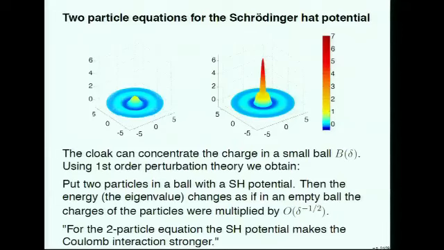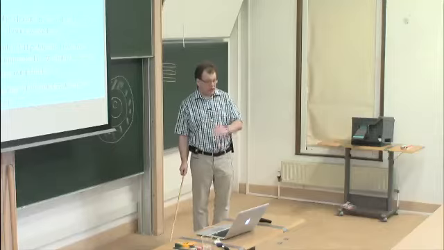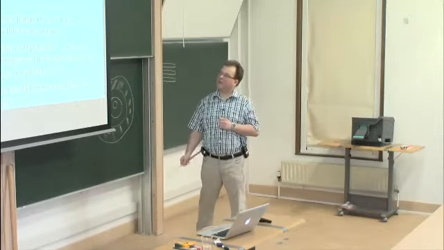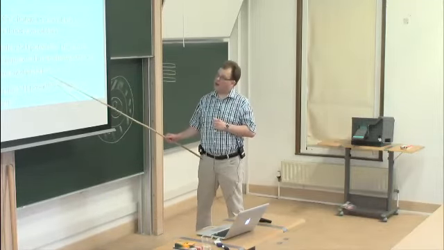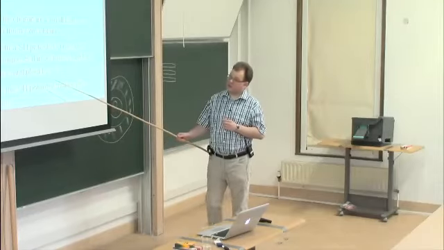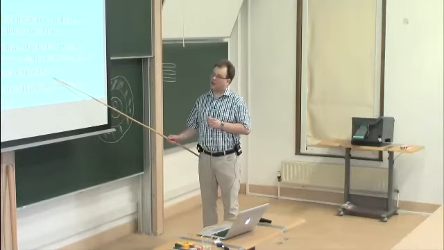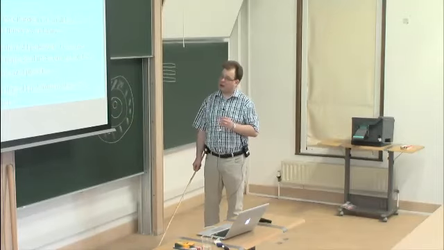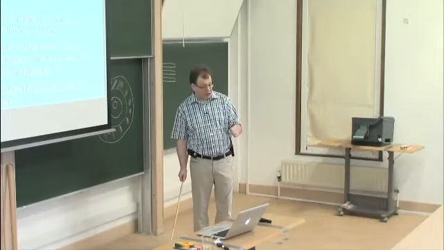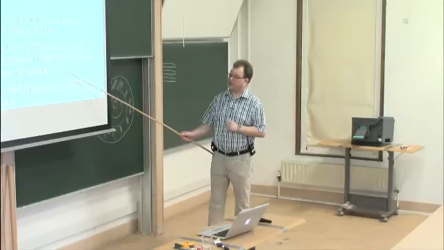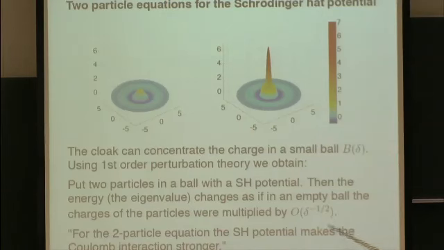So what happens in first order perturbation theory? If I look at the energy, that is the eigenvalue, how it changes in this two-particle system. In the first order perturbation theory, I actually mean that the charge is a small parameter that I have put here. So the change of the energy when two particles are put inside the Schrödinger hat is the same as we would have in an empty ball where we put particles having much stronger charges, of order delta to the power -1/2.